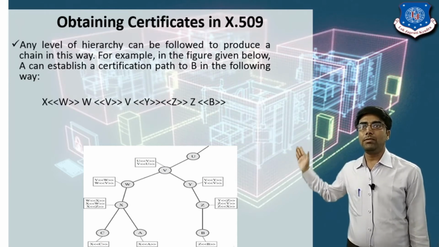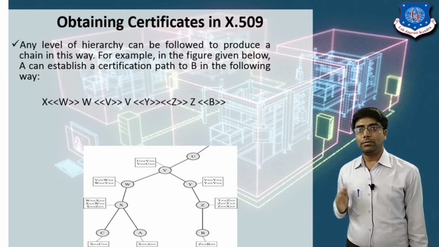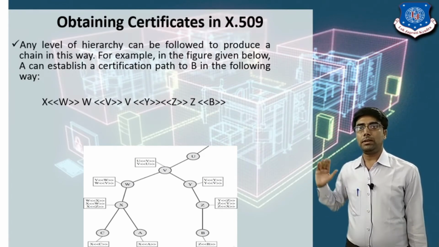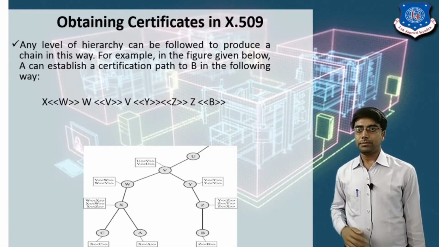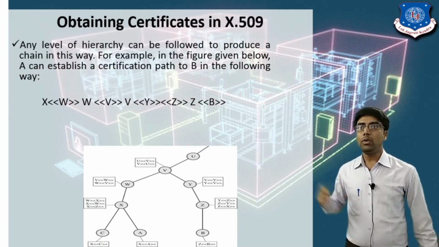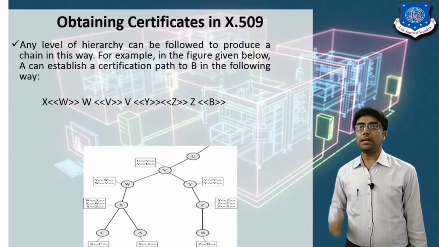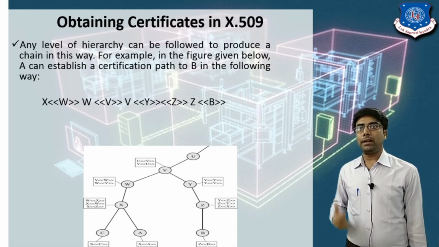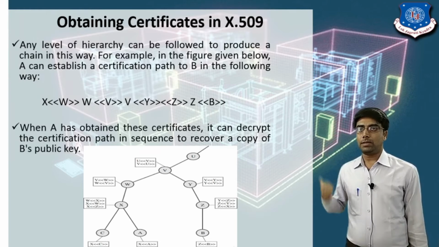The next link, V of Y: the certificate of Y is signed by the certificate authority V. Same with Z of B: the certificate of B is signed by the certificate authority Z. So this is the hierarchy, and we should follow the hierarchy. This is one certificate path from user A to B. It means user A will verify the certificate of B with this certificate path.